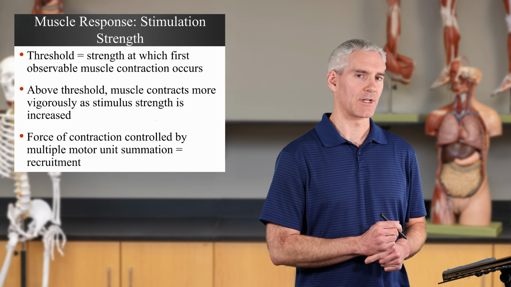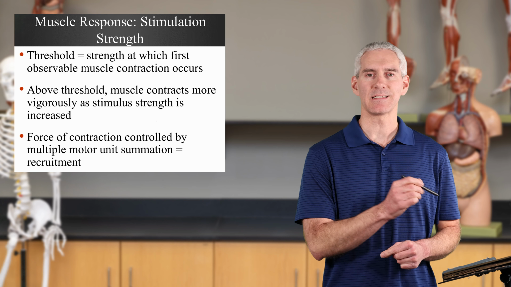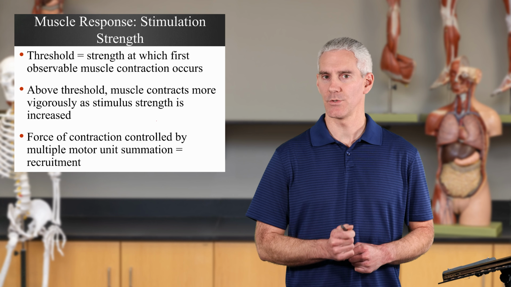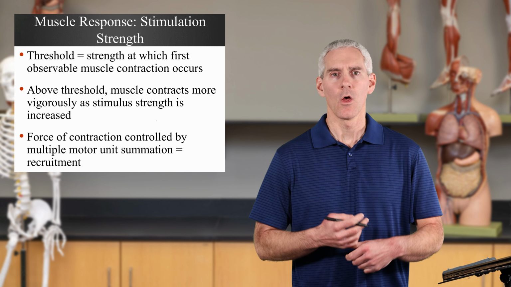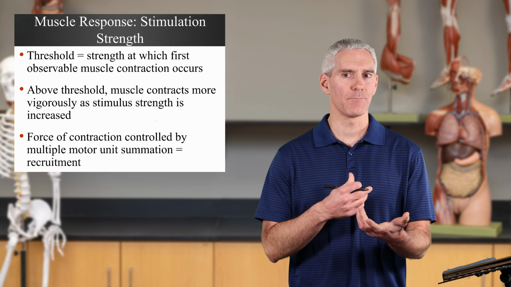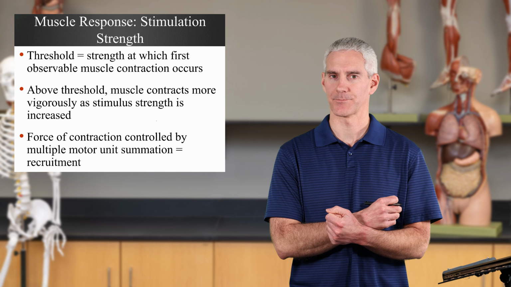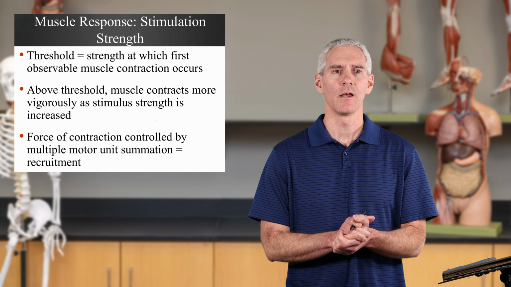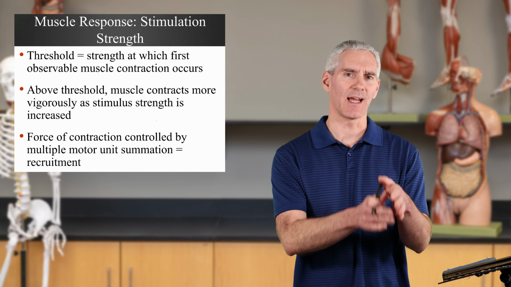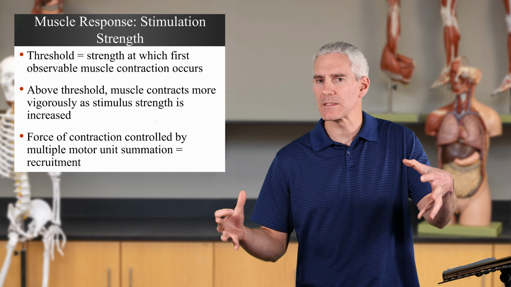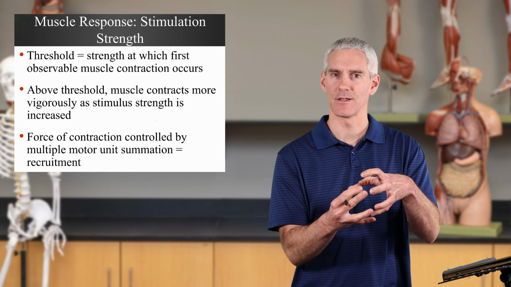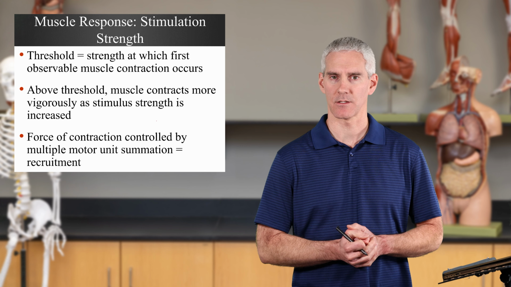The force of contraction, as we mentioned, is based on multiple motor units added together. One single motor unit might not even be able to move a large muscle. Depends on the muscle, of course. But as you have this second, and third, and fourth, and fifth, and all these motor units adding together, that's where the force of the muscle really comes from.